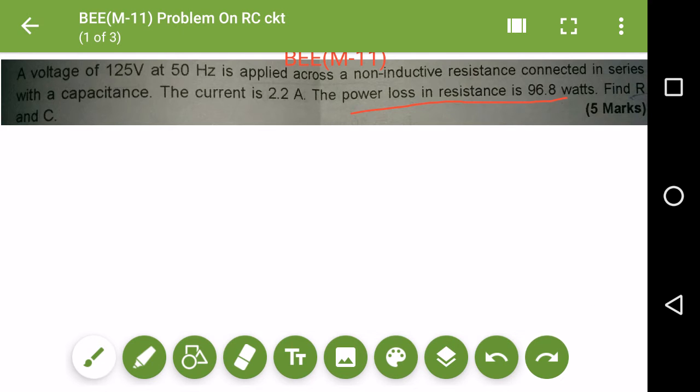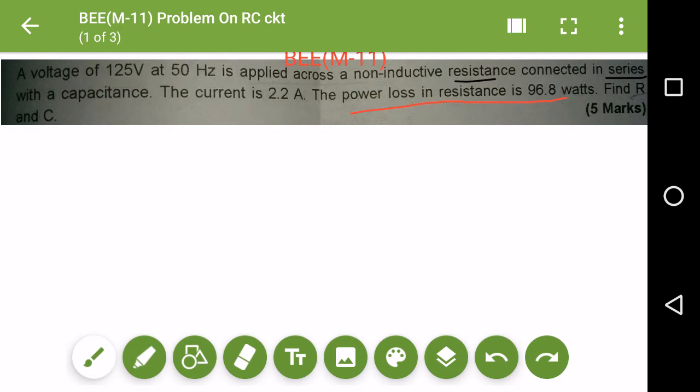Before solving the problem, I want to give you a quick view of what we really need to find and how we are going to find it. First of all, we should draw a circuit diagram to get the big picture. It has a resistance and a capacitance connected in series.